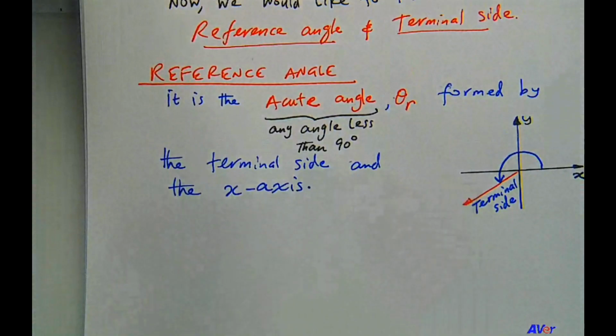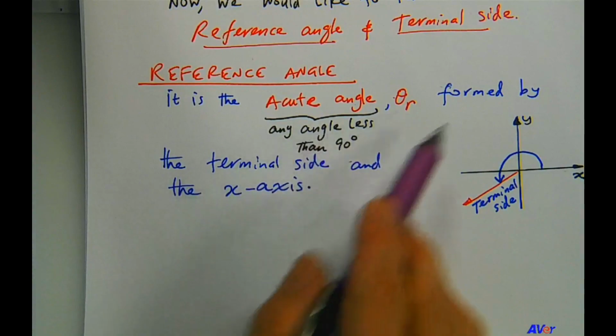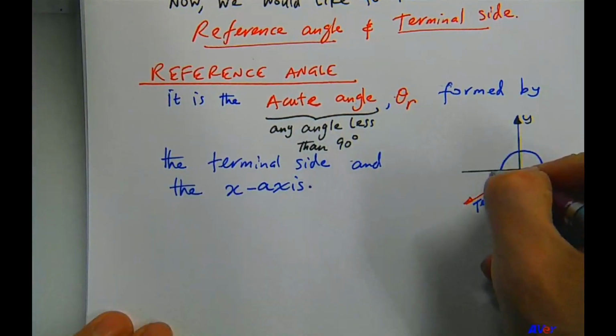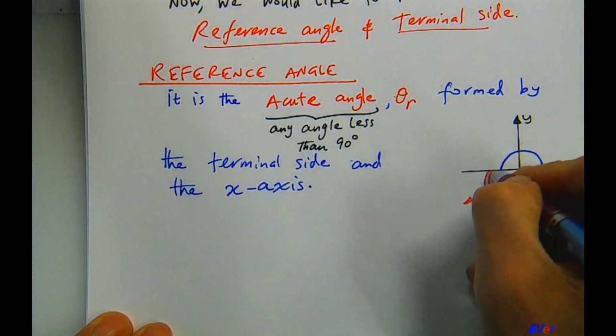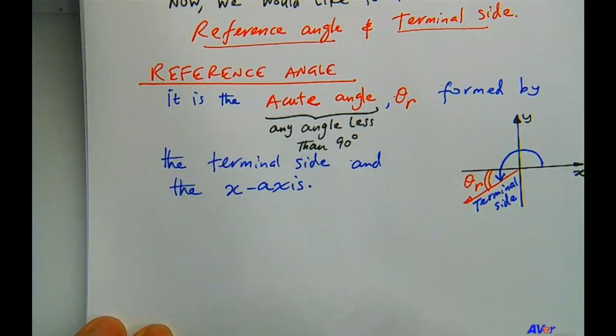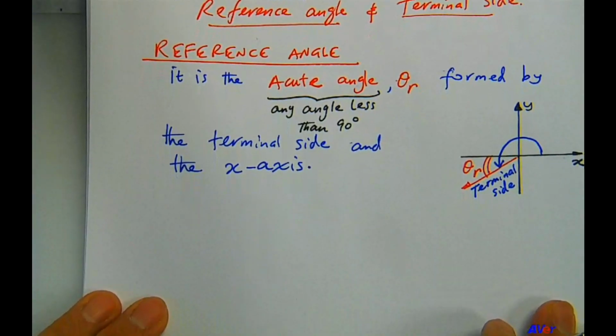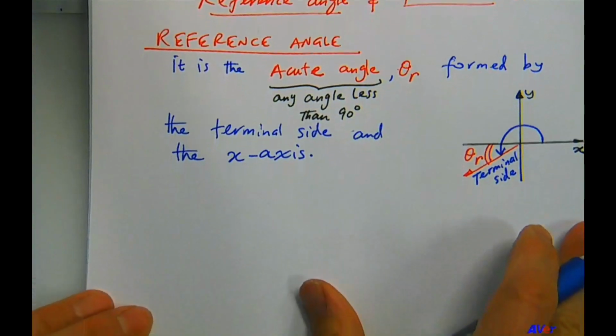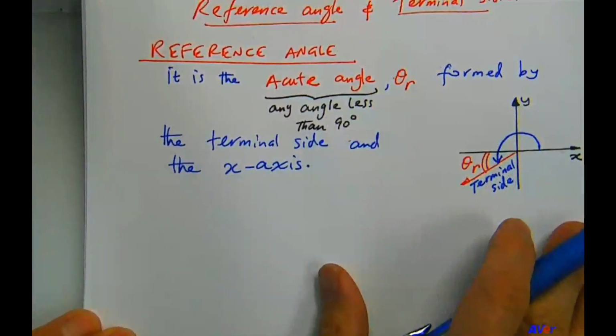So on this drawing, where do you think is the reference angle? Think about it for a few seconds before I draw it. It is the angle theta r defined by the terminal side and the x-axis. So if you pointed in this direction and you said this region, you're absolutely correct. So theta r. Okay, that's one thing you should know about reference angle. The other thing you should know is that reference angles are always positive.